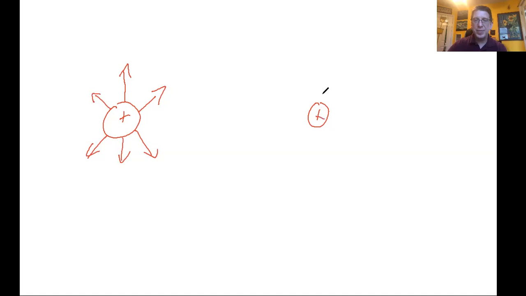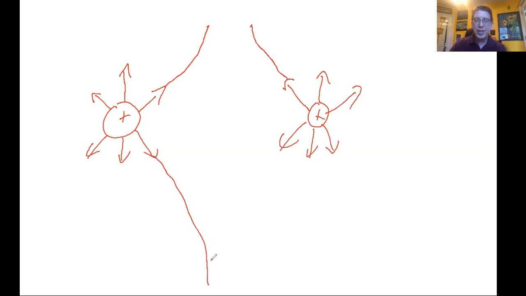And so you have a positive charge over here as well. But instead of bending so that it goes into the negative charge, the field lines are going to get bent so that they don't intersect each other. And remember, that was one of our rules. The field lines do not intersect with each other.